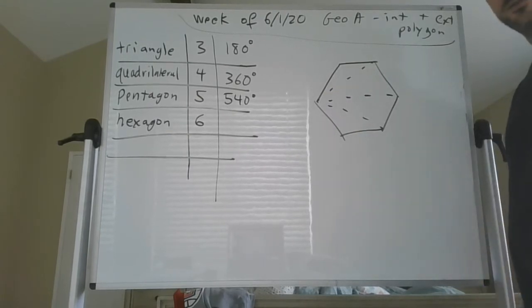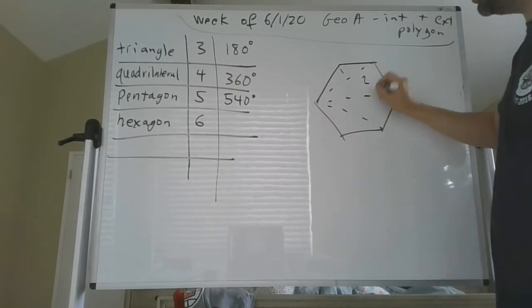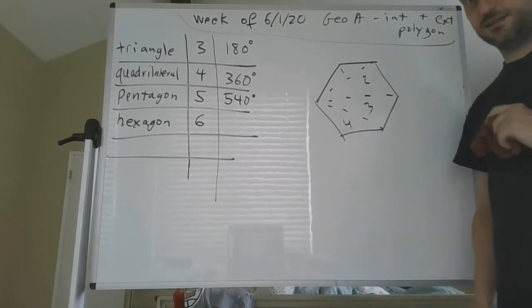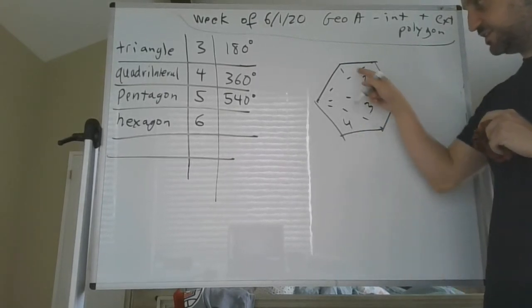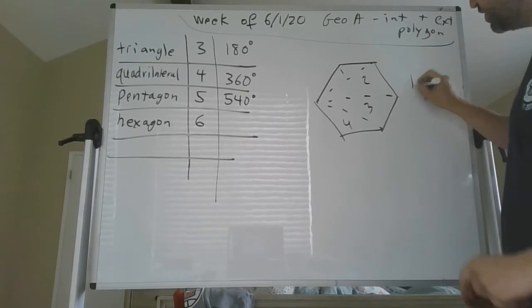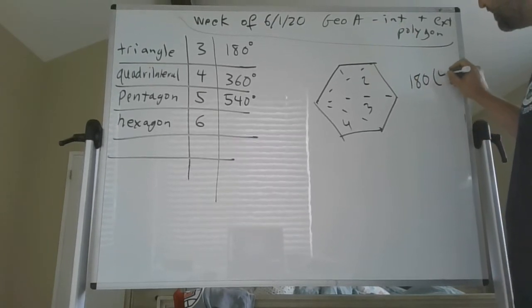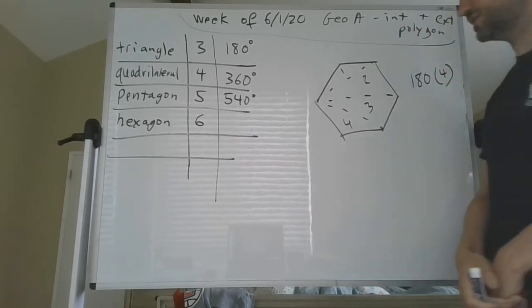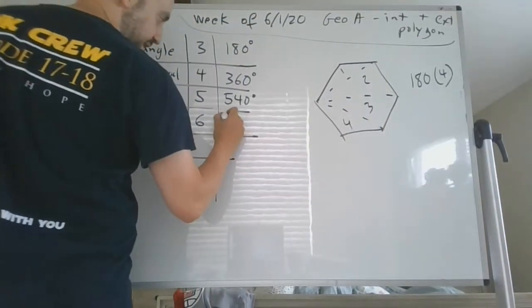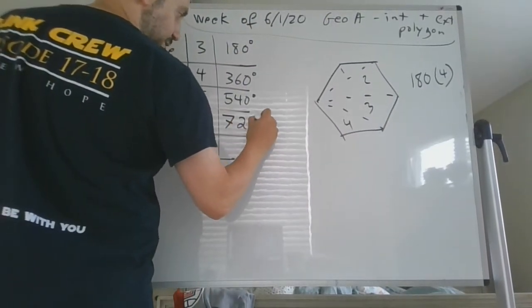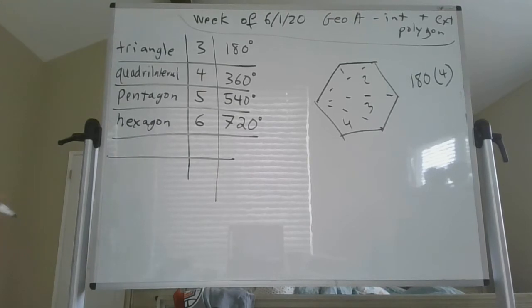You can see I've done this quite a few times, so I know how it works. 1, 2, 3, 4 triangles. Now, I'm going to show you a little easier way of doing it. If this is 4 triangles, each triangle is 180. So we're going to do 180 times 4 to get our answer. And that's going to give us 720 degrees. Okay, looks good to me.